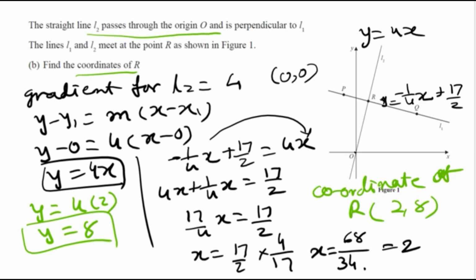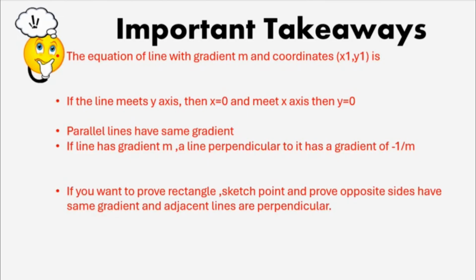Remember, always when you have to find the coordinate, equate the two equations of the lines and simplify. That will give you the x coordinate, and then you substitute into any of the equations and that will give you the y coordinate. Important takeaways for this topic. First, the equation of a line with gradient m and coordinate x1, y1 is y minus y1 is equal to m into x minus x1.